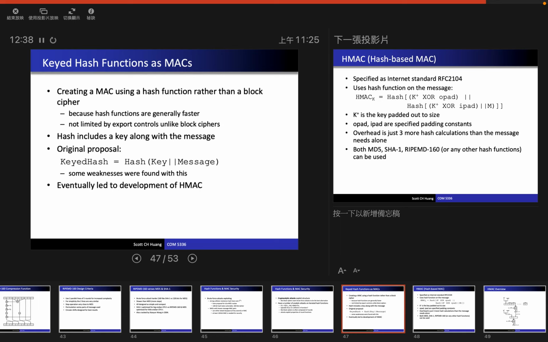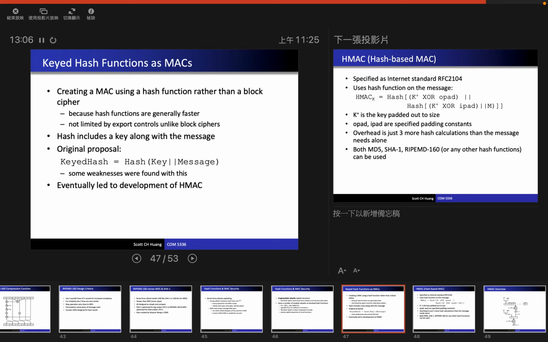And we know that the hash processes block by block, so you can pretty much analyze the first few blocks. That's kind of like putting the key alone in a hash function. So it's not satisfactory. There are other better ways to do that.